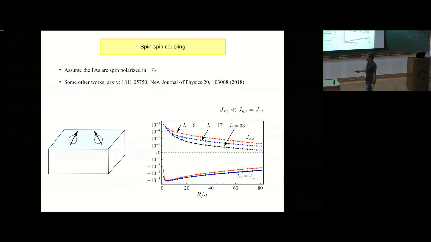Now, what we believe is that if this was coming from the bulk states, there was no reason that this term should go to 0 exponentially, right? After some thickness, your bulk is essentially not affected. Local properties of the bulk are not affected. So the reason it's going to 0 exponentially tells you that the finite contribution jxx you're getting is essentially the same physics of having two Fermi arcs on opposite surfaces.